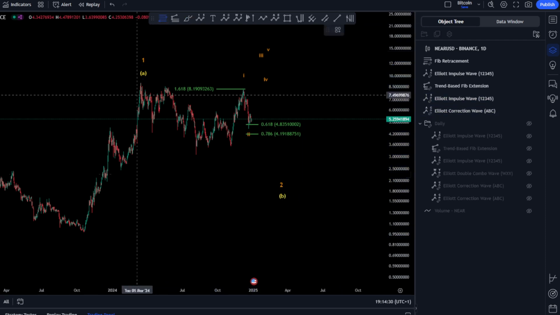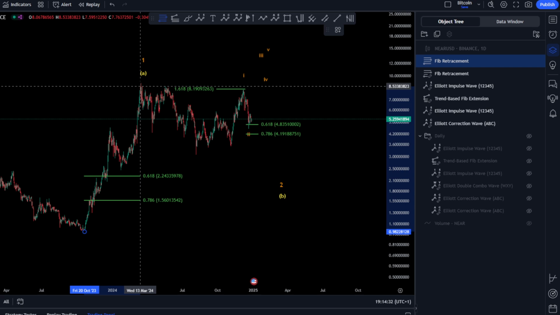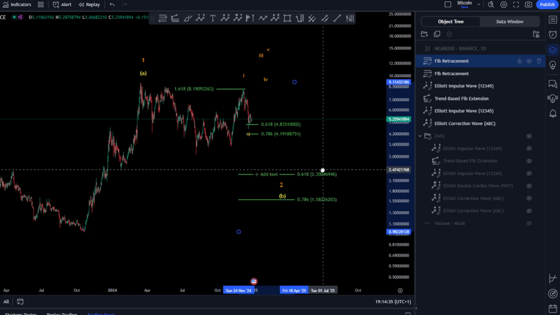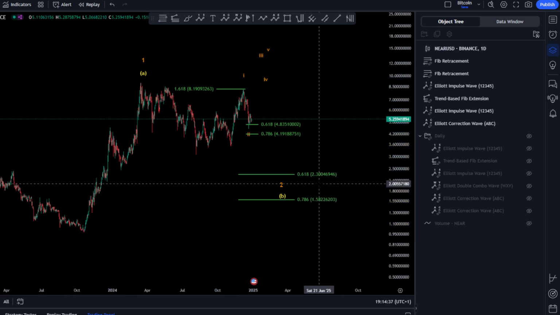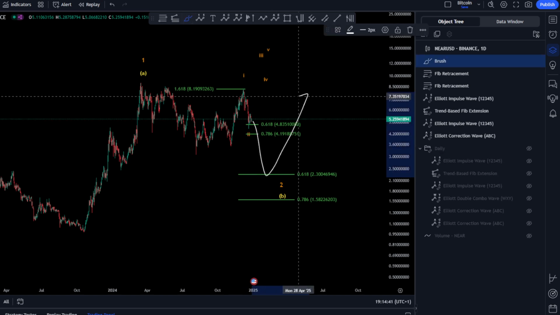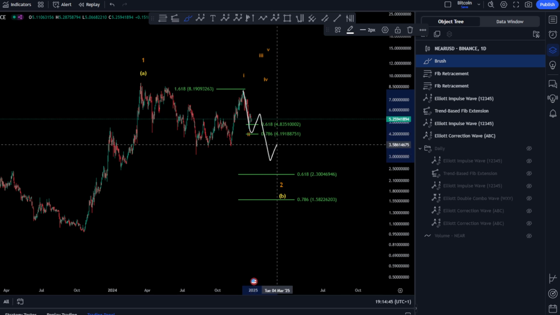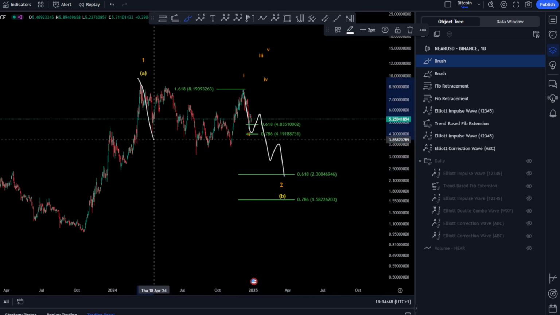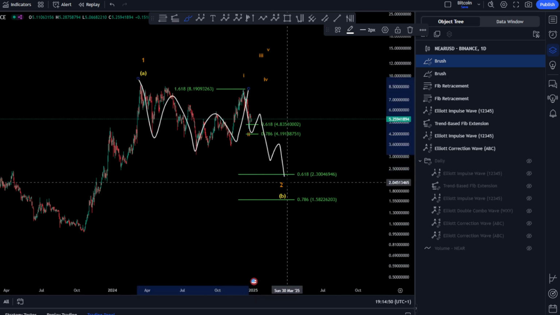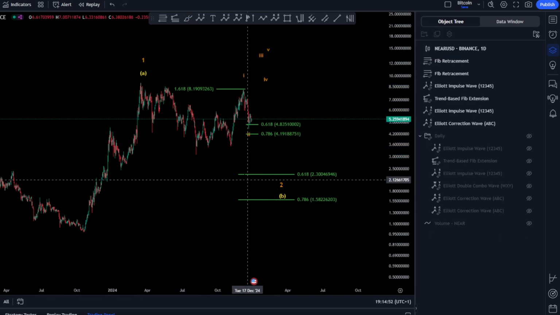And to have even clearer fib levels for this one, it is preferable to reach $2.3 for the 0.618, and then start to move towards the upside. And probably there will be a 1, 2, 3, 4, and a 5, finishing here A, B, and a C, of course, impulsively towards the downside.